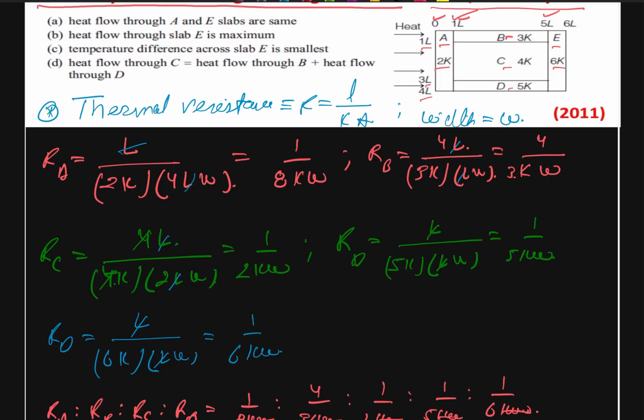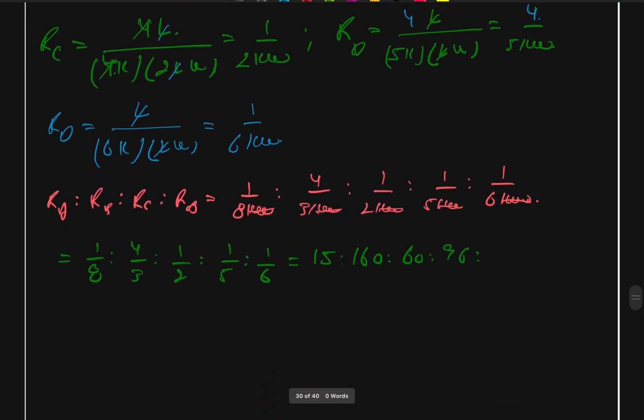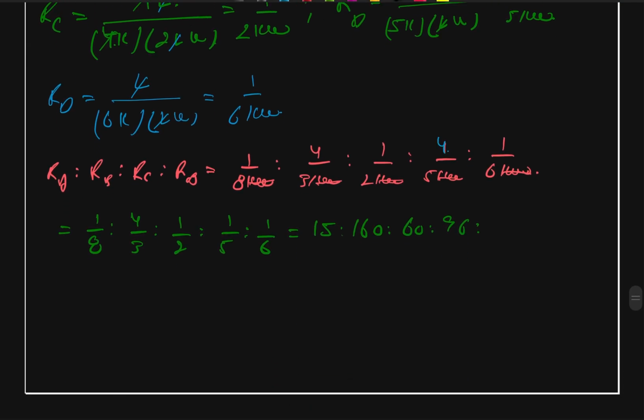RA 1 by 8, RB 4 by 3, RC 1 by 2, RE 1 by 6. What is my RD? Oh, RD is 4L, yes. So this will become 4, and here will become 4 by 5.